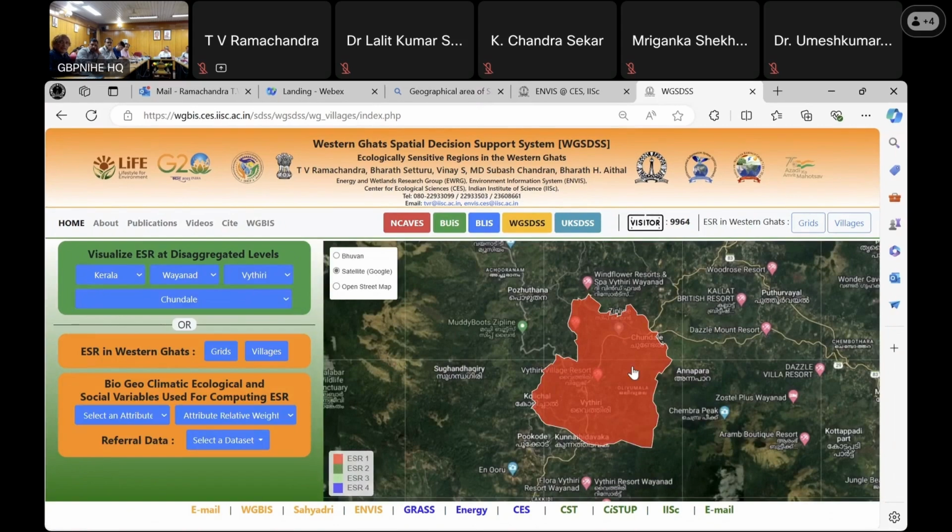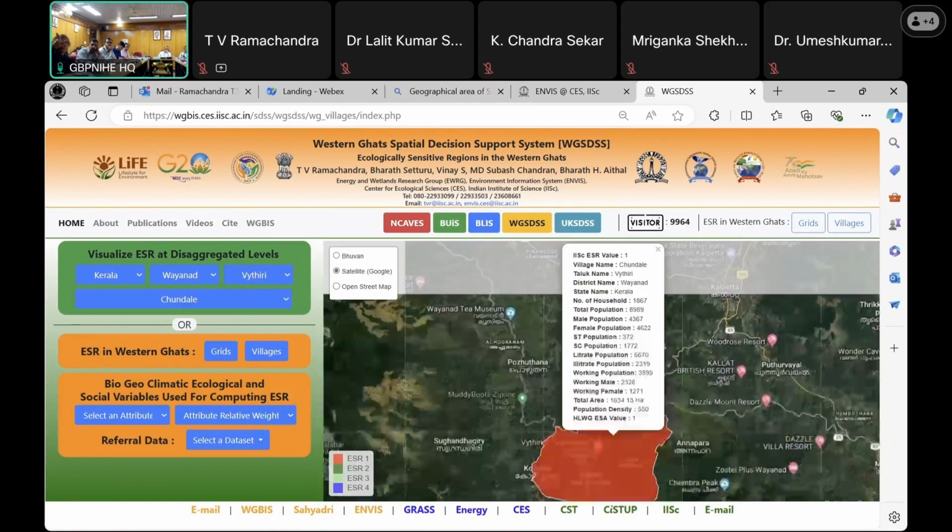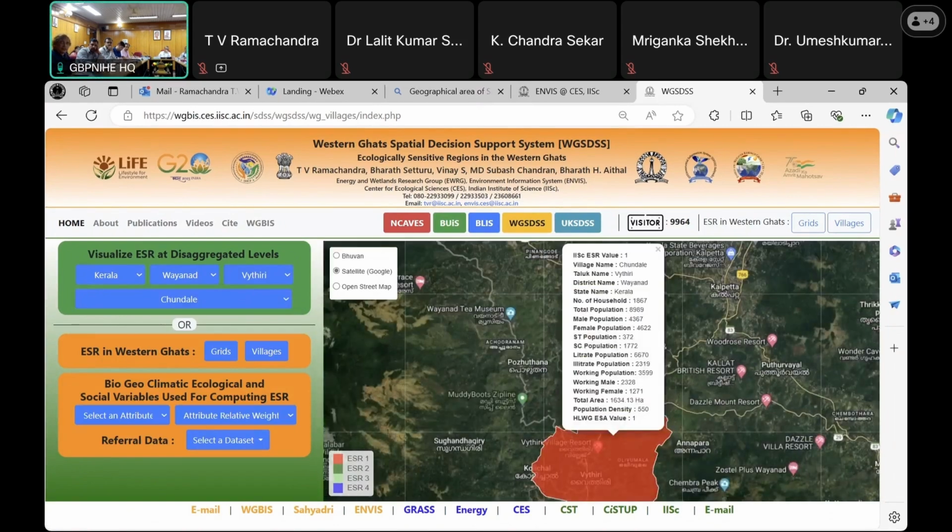See, this is ESR1, and when you click on that, you get all the details. This is how the decision support system works.